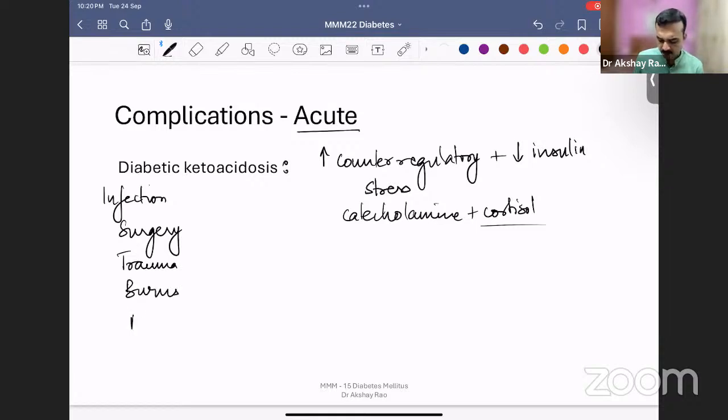Myocardial infarction is not so common in type 1, but an advanced type 2 diabetes patient who develops MI can develop diabetic ketoacidosis as a precipitating factor. Something has caused stress and elevated stress hormone levels, but the person had no insulin in their body. That's why the person has gone into DKA, diabetic ketoacidosis.